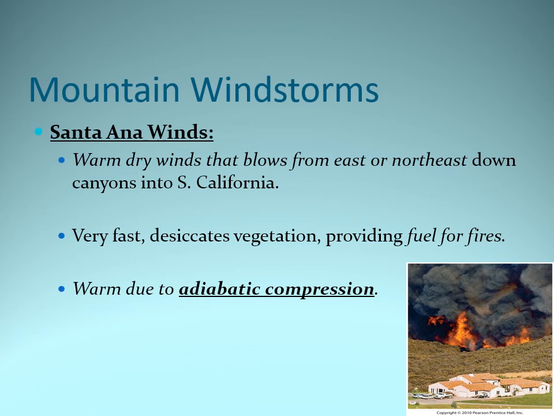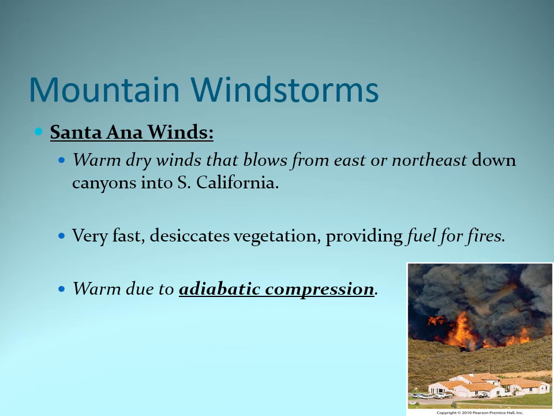Now, a lot of people think the Santa Ana winds are warm because they come from the desert. That's not true. The peak of Santa Ana wind season is in December, so the deserts are actually quite cold. What happens is that these winds are coming from higher elevation, and when they sink down towards sea level, they get compressed.